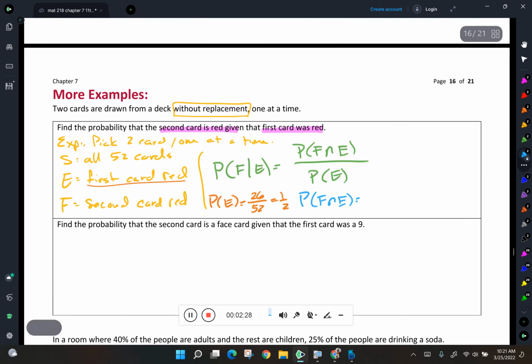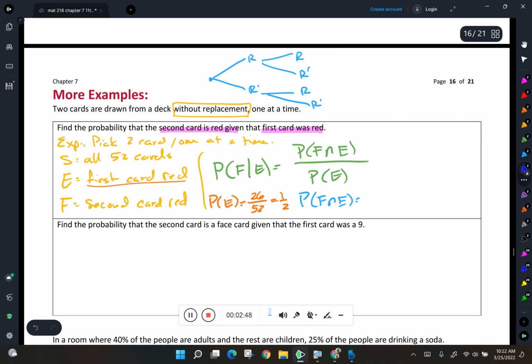Well, maybe I could use a tree diagram to help me with this. Like I could draw one of those tree diagrams, and the first card could be red, or the first card could not be red, and then the second card could be red, or the second card could not be red.